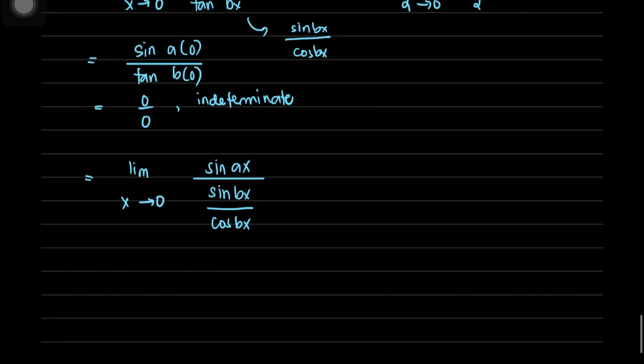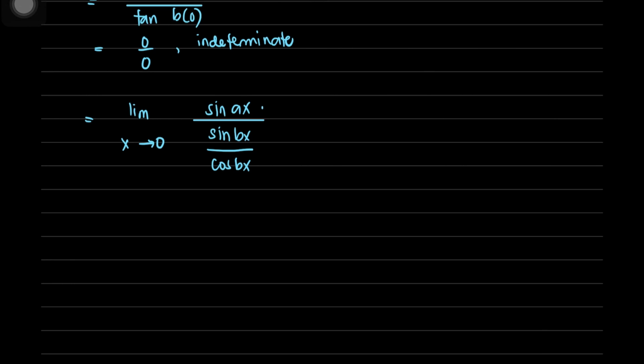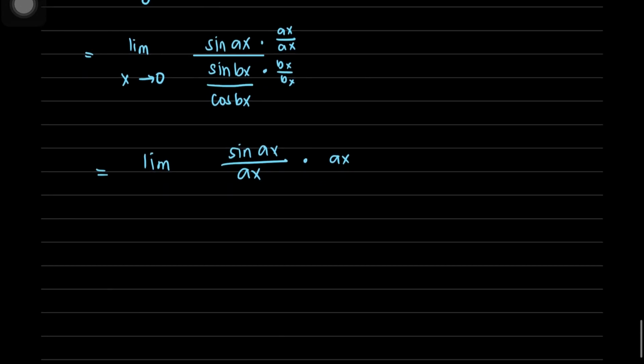Right. Now, if I'm going to multiply ax over ax in the numerator, and in the numerator of the denominator, if I'm going to multiply bx over bx, we'll be having the limit of sine of ax over ax multiplied by ax. By the way, I'm not changing the value of the expression, I'm just manipulating it, okay?